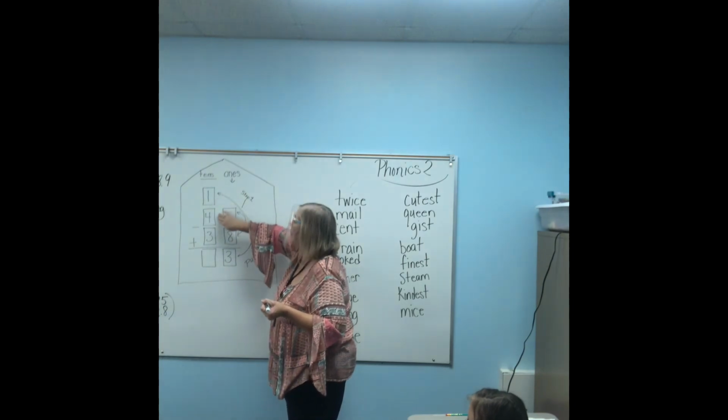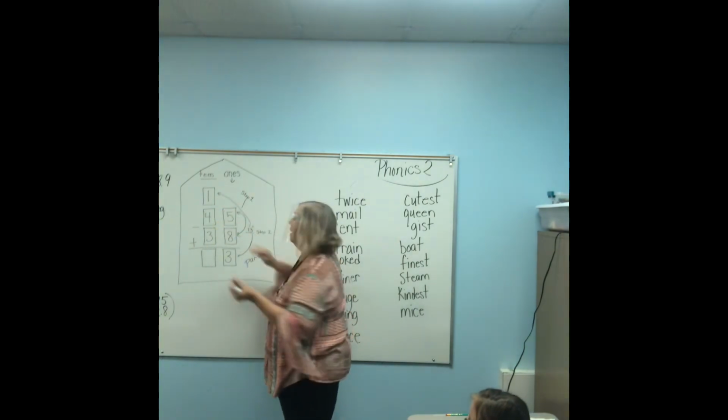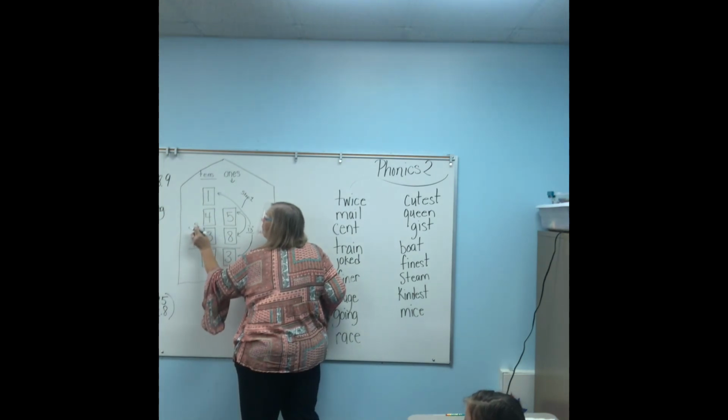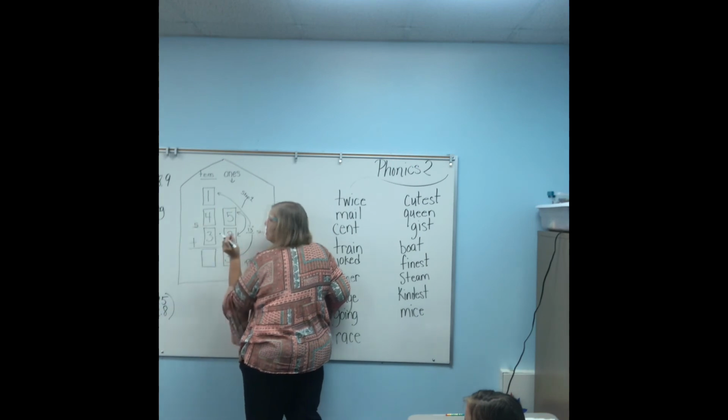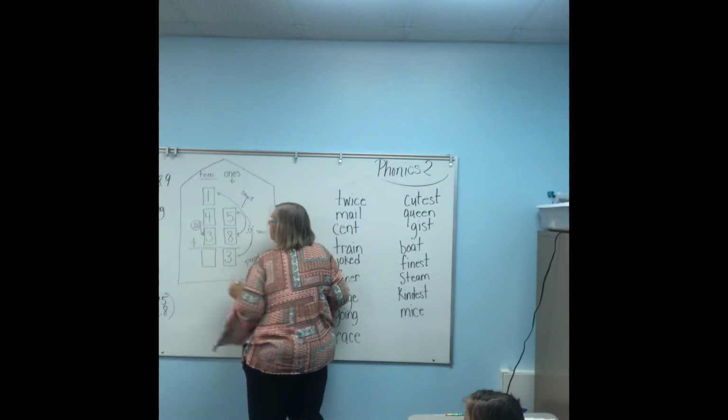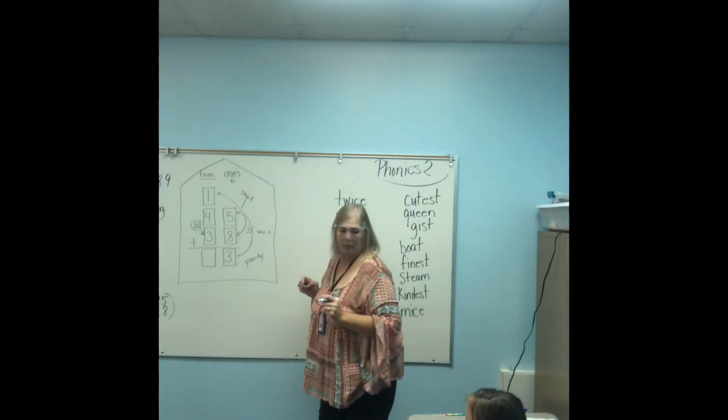So 1 plus 4 is 5. And if I can't remember it in my head, I write the answer right here, just to keep it fresh. Then I need to add this number to that number. So what is 5 plus 3?